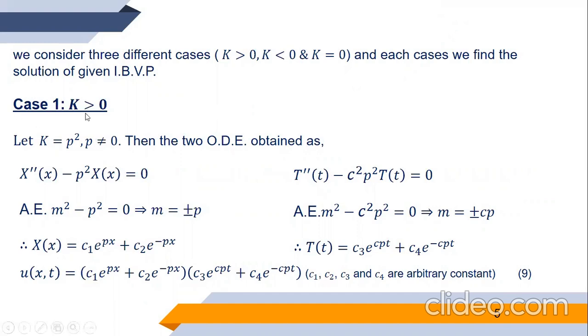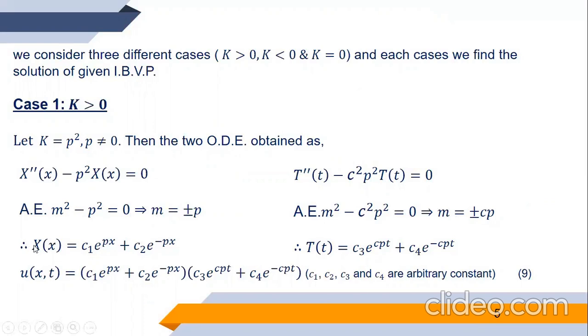So now we first consider k greater than 0. For k greater than 0, we can take k equal to p², and then we get 2 ODEs: X'' minus p²X equals 0. So the auxiliary equation m² minus p² is 0, so m is equal to plus or minus p. Similarly, for the other equation m is equal to plus or minus cp.